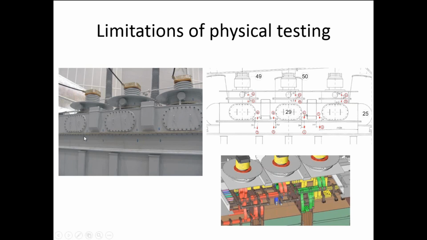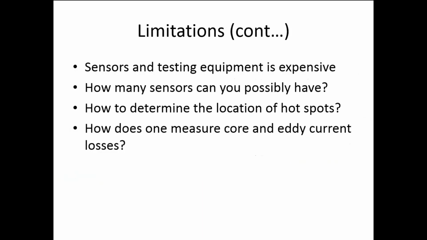They are just attached to the metal, and that basically gives you the temperature reading. And here you can see the location of the sensors and so on. These are some of the things that people do to test their transformers, which is basically to measure the temperature at various locations and to see if it meets the performance criteria or not.